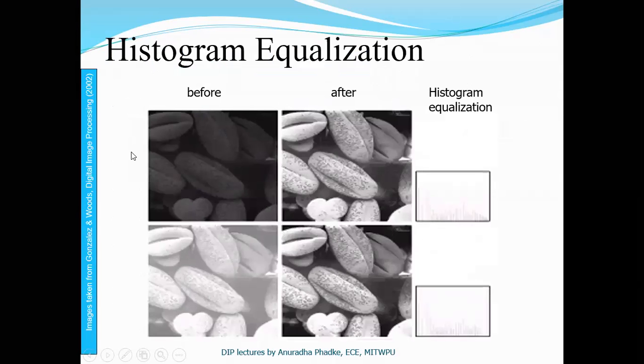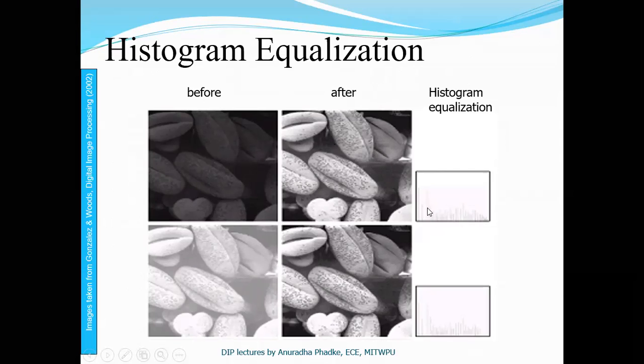These are your images before histogram equalization. When we apply histogram equalization on the left side images, we get these output images, and here we can observe that the resultant images have very good contrast as compared to the original image.